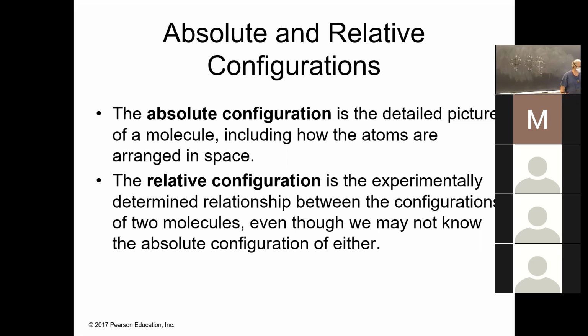An example of relative configuration: if we did a polarimetry measurement and determined that we had two enantiomers with opposite rotations, but we didn't know which one was R and which one was S. That's an example of relative configuration. With absolute configuration, we would know.